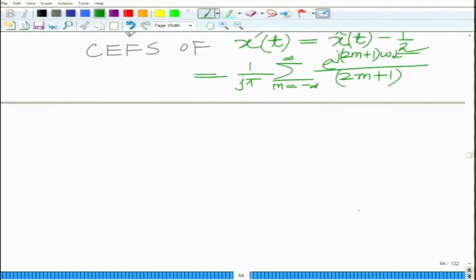And so we have been able to derive the complex exponential Fourier series of x prime t.